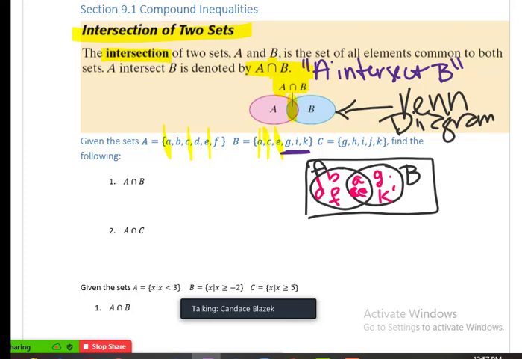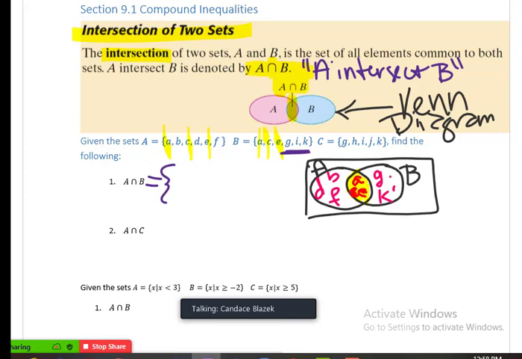We don't always have to fill in the Venn diagram to solve these, but I wanted you to see that when we look at our A intersect B, it is this part right here. It's the part that's in both. So as an answer to this question, and it asks us, find A intersect B, we will write our answer in curly brackets.